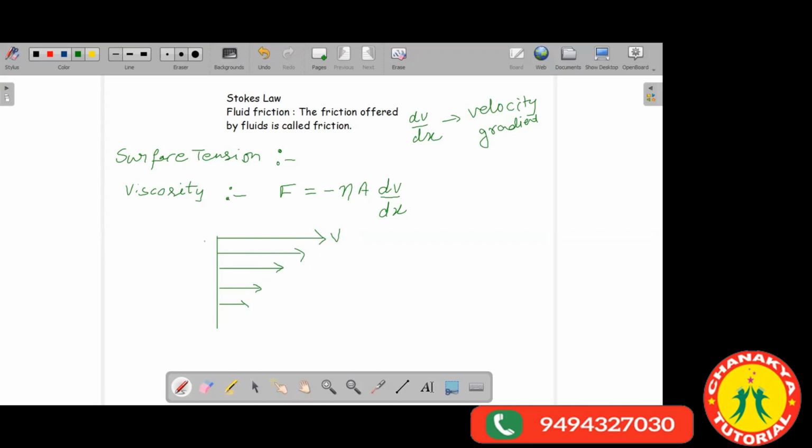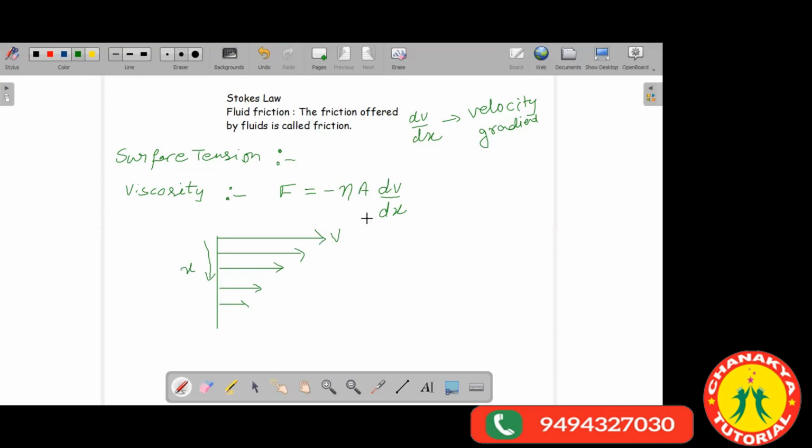As we move along the distance, let this be x, the velocity is decreasing. So we find here the velocity gradient, the decrease of velocity with distance. Since the velocity is decreasing, we use a negative sign. Had it been increasing, we would have used a positive sign.